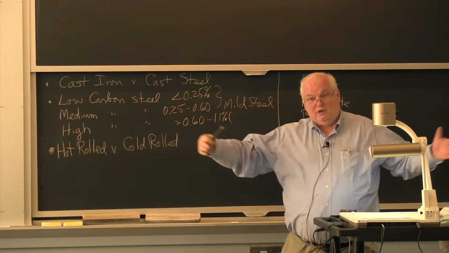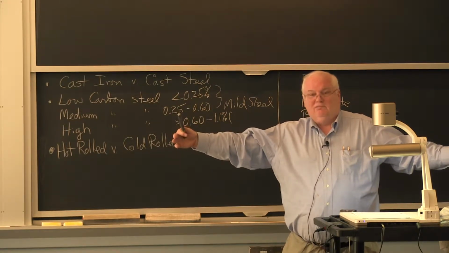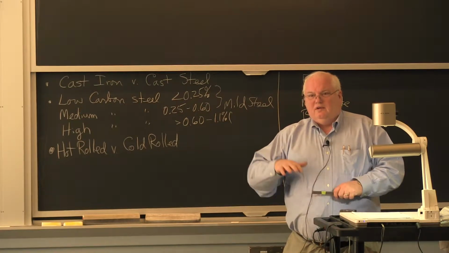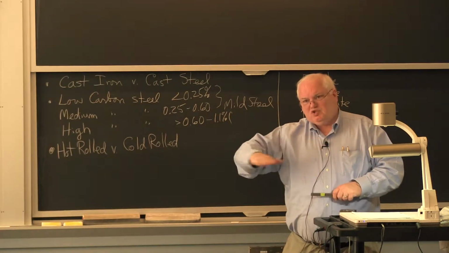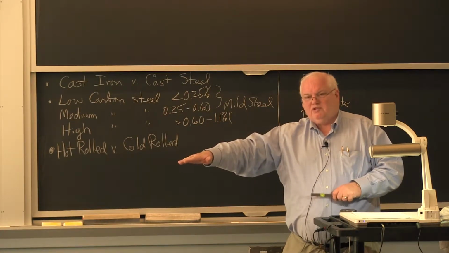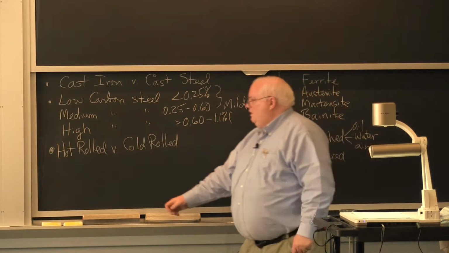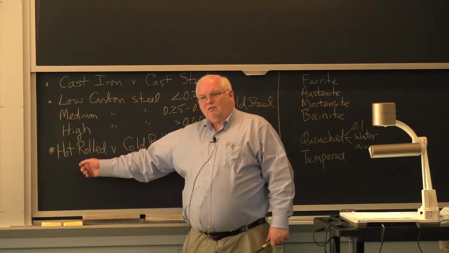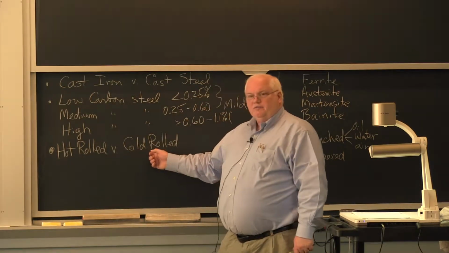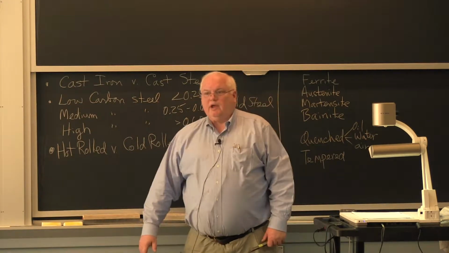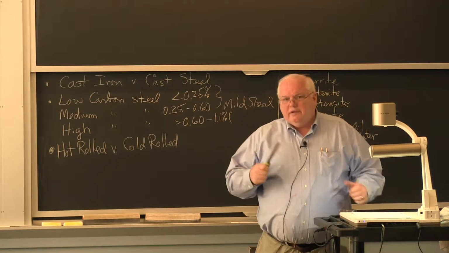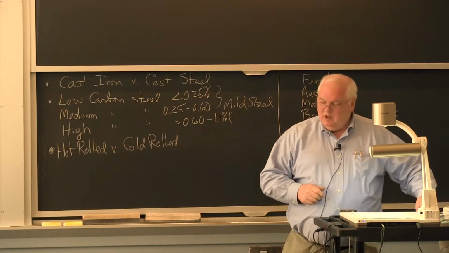But if you're talking big wide plate, 5 feet wide, we just don't have mills big enough to have the force necessary to squeeze that plate if it's more than 1/4 inch thick. So plate comes off the hot roll, basically, and sheet comes off the cold roll. And it's basically just a question of thickness. When you get to bar stock, you can be a little bit thicker in the cold rolled.